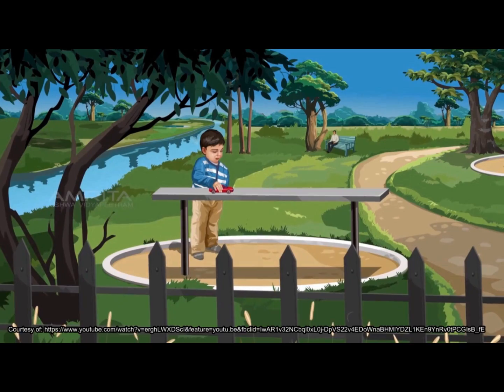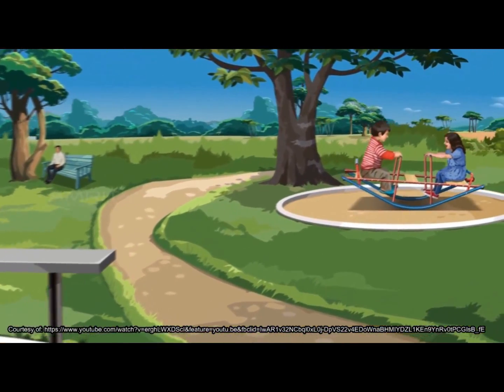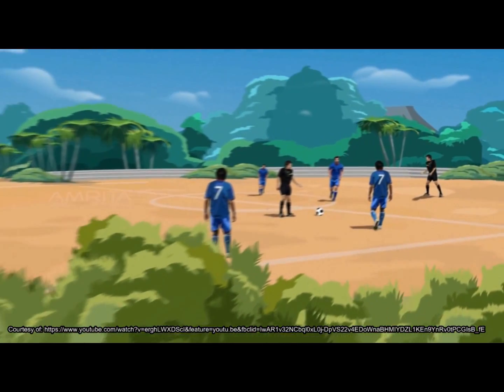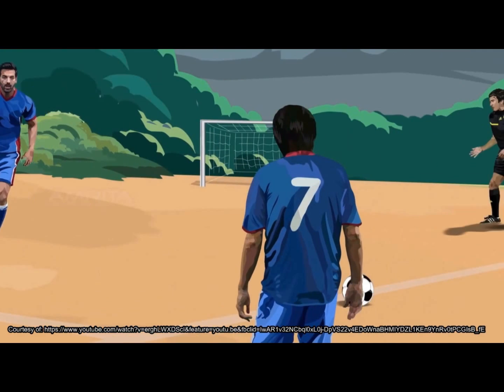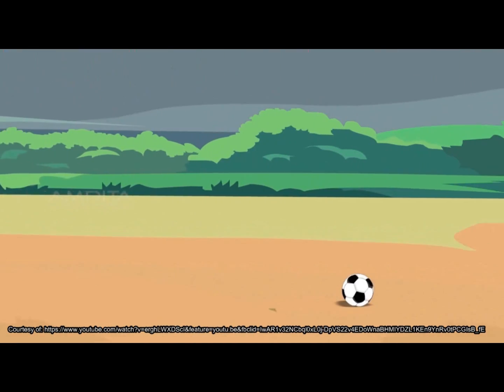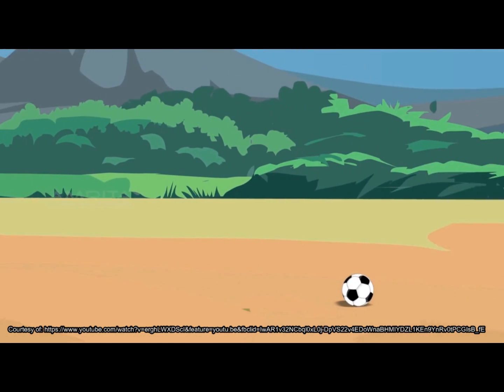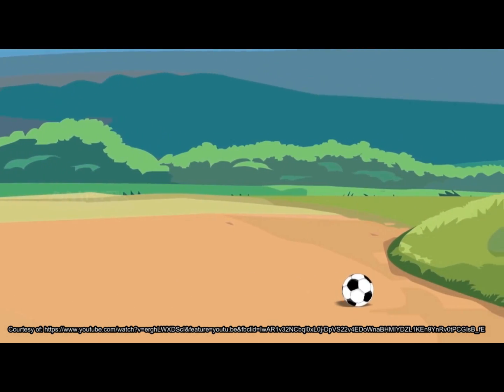Let us begin with the first one. In our everyday life, we observe that effort is required to put a stationary object into motion or to stop a moving object. Have you ever wondered if a ball kicked on the ground would keep moving forever, or after some time, would it naturally stop moving?